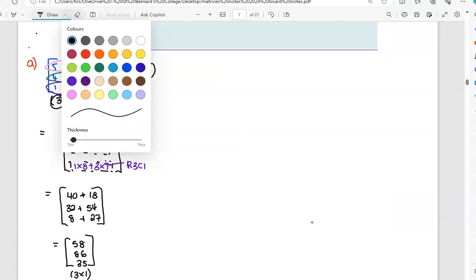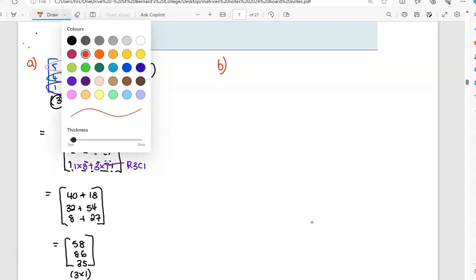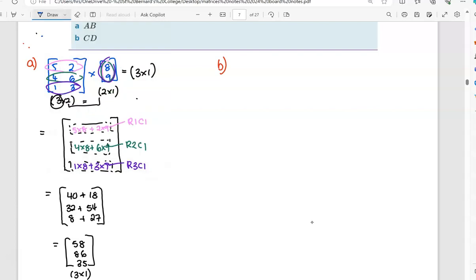Okay, so let's go do B now. So for B, they want me to multiply C and D. So if I write C out, you guys can see it up there, it is 2, 4, 7, and D is a 3x1, 6 and 5. So if you look, this one's a 1x3, and this is a 3x1.